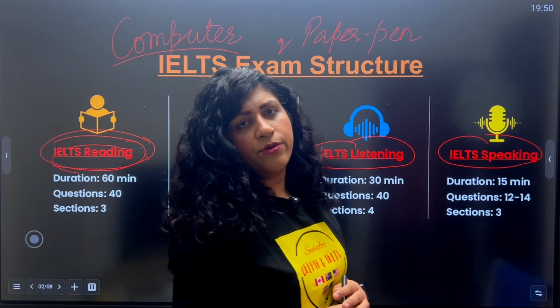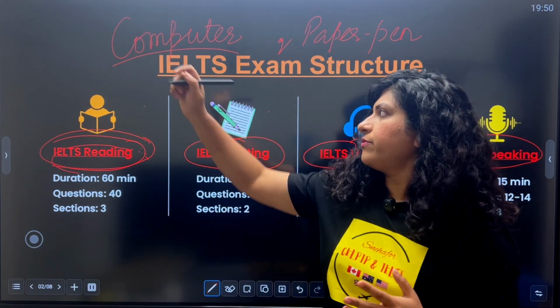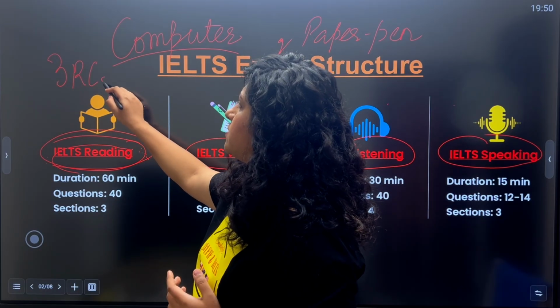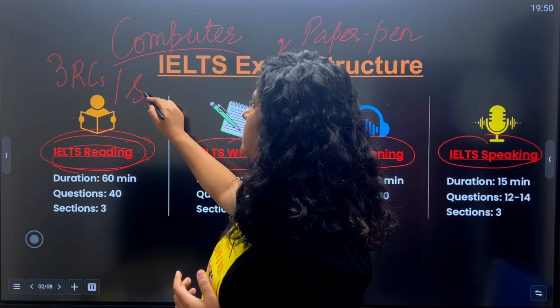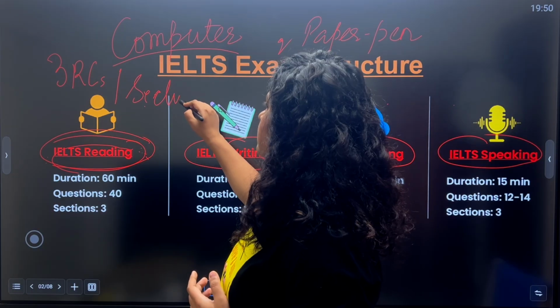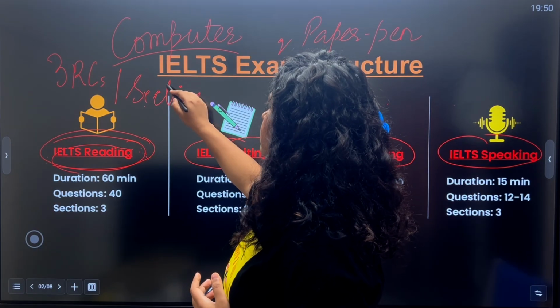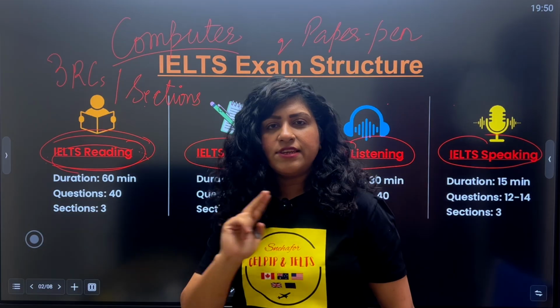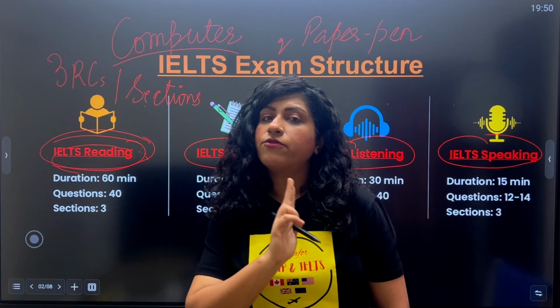In the reading module, you have 3 reading comprehensions or 3 sections, and these are in the form of text.